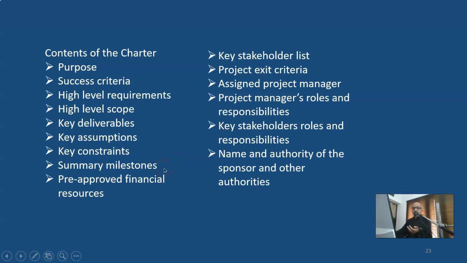Summary milestones or the major milestones with dates and pre-approved financial resources. This is about the funding of the project, and the key stakeholders list and their contact details and maybe their roles and responsibilities, and the project exit criteria.